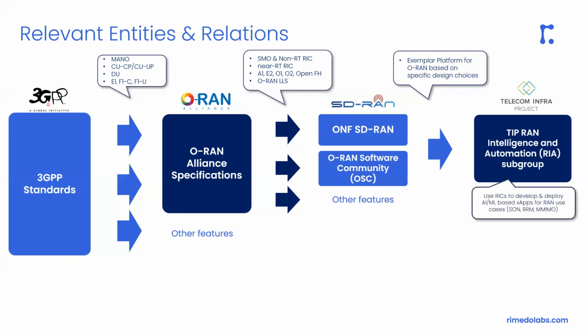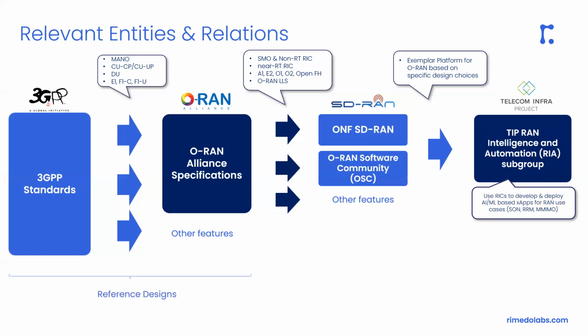And then finally, we have the Telecom Infra Project with one of the most important subgroups within the Open RAN group, called RAN Intelligence and Automation, RIA, which develops the use cases for the xApps, for applications for network automation, including SON, radio resource management, or massive MIMO.